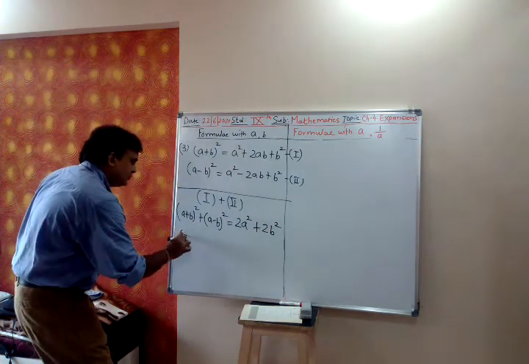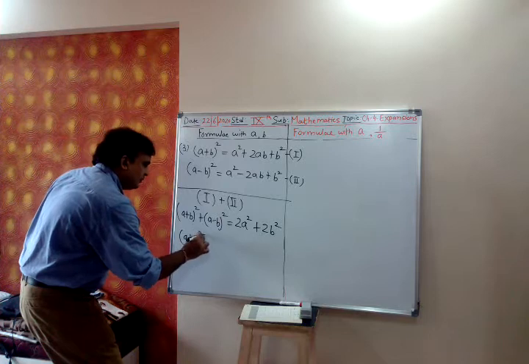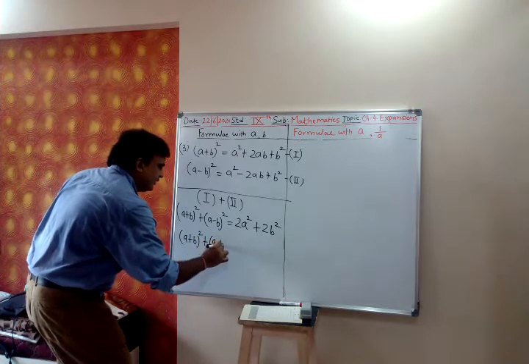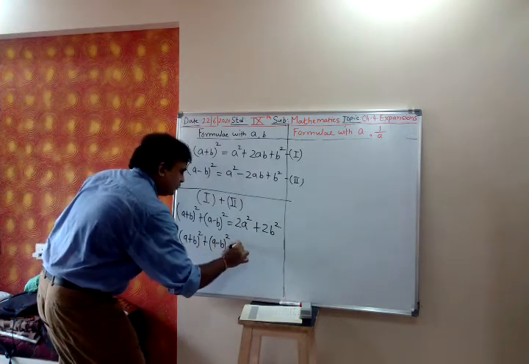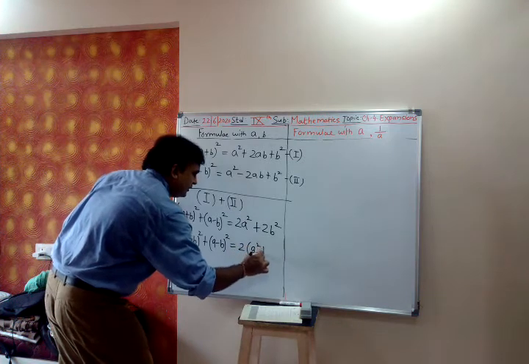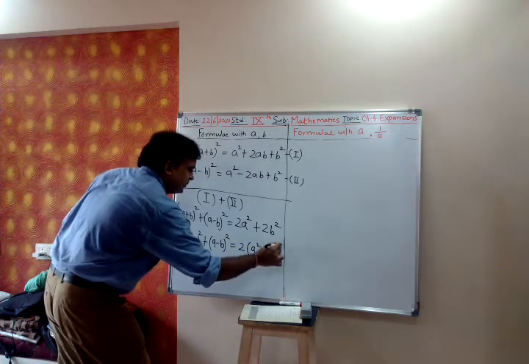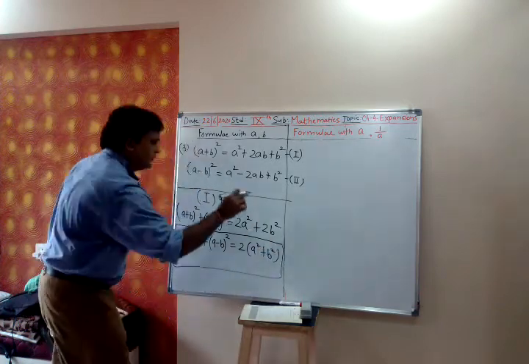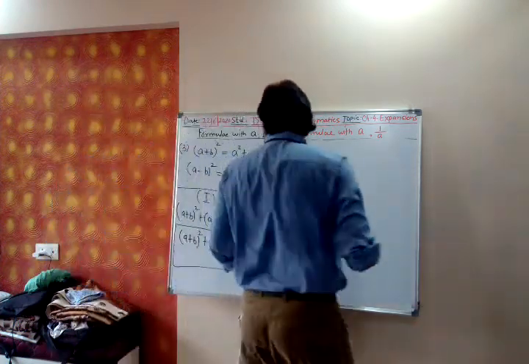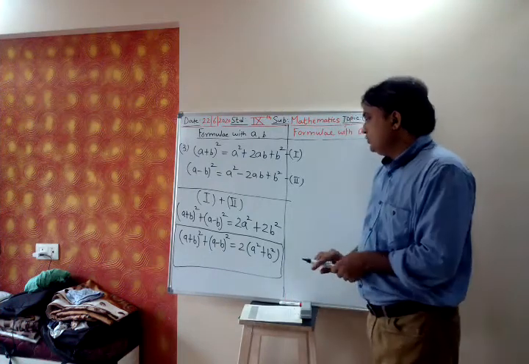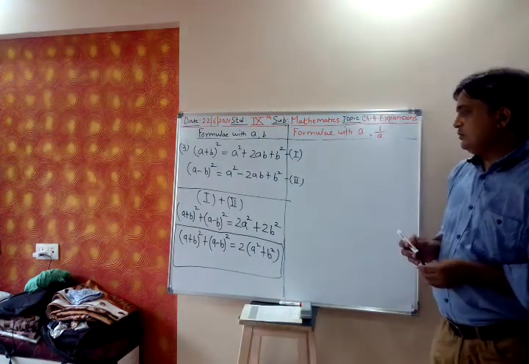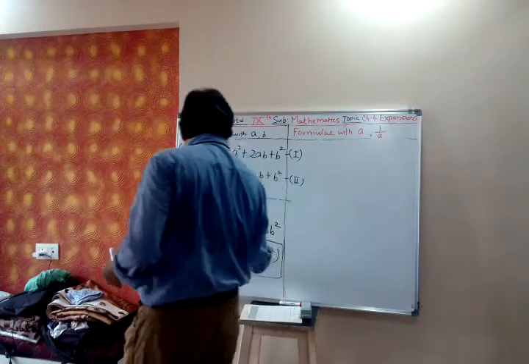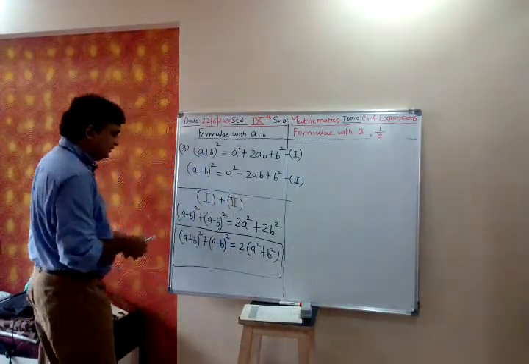So a plus b whole square plus a minus b whole square is 2a square plus b square. 2 is common. 2 times a square plus b square. So this is third formula.